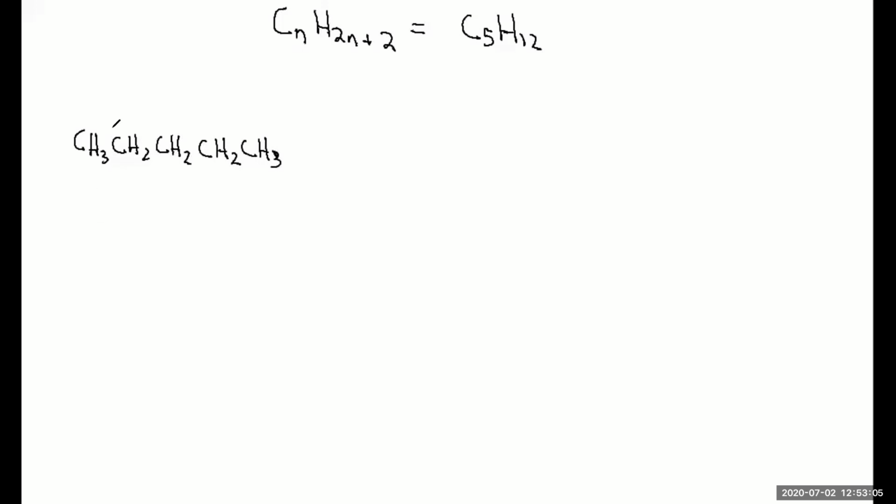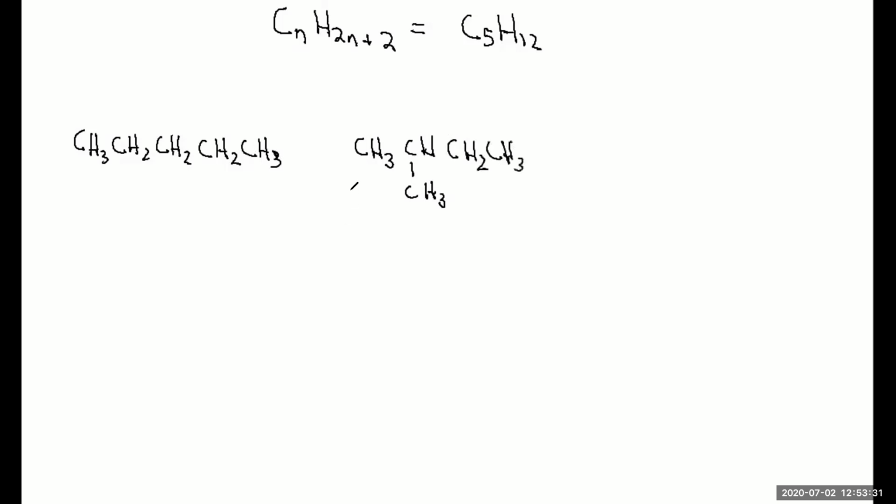Okay, what if we created an isomer where one of the methyl groups is attached to the first carbon instead of 2 hydrogens, and then we would have 4.